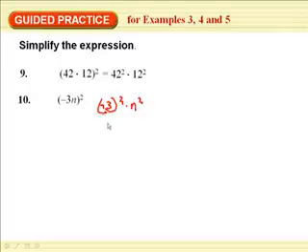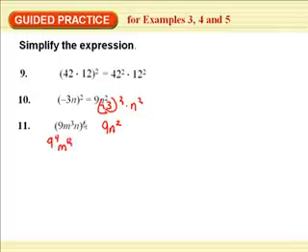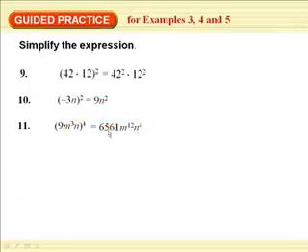Negative 3 times positive 9n squared. So I'm going to go 9 to the 4th, m to the 12th, because I got to multiply those together, and n to the 4th. 9 to the 4th, I don't know what that is. 6,561 it looks like. And then those, we agree.